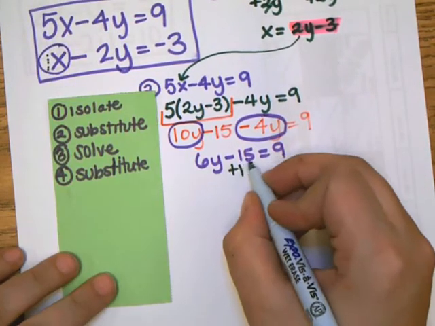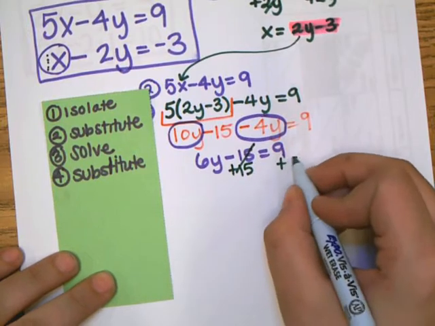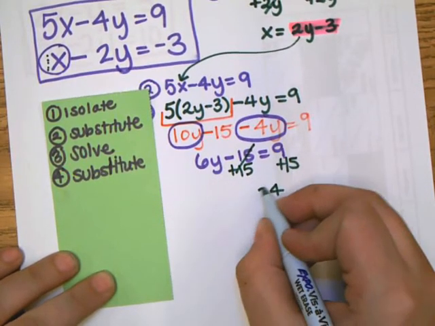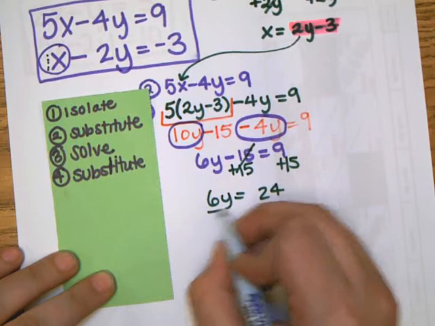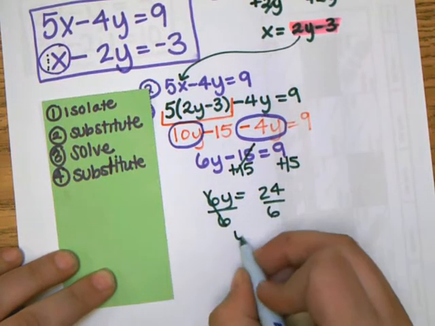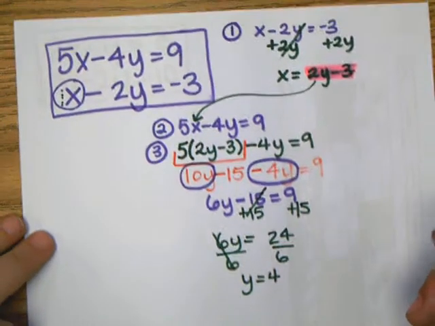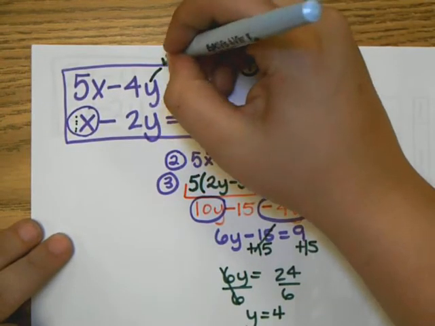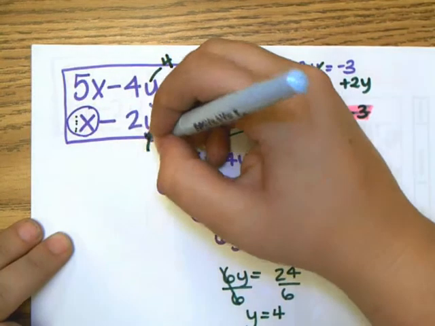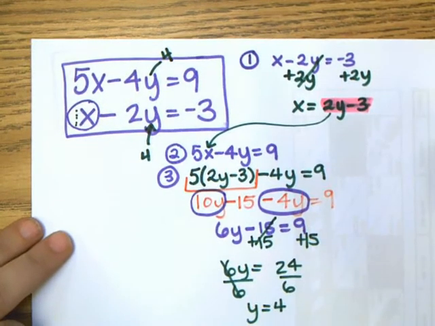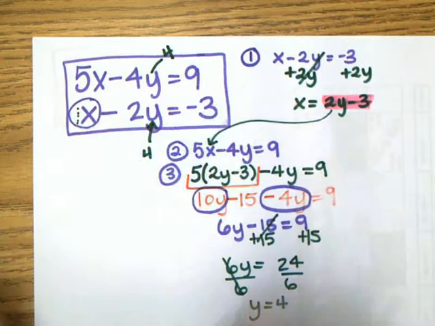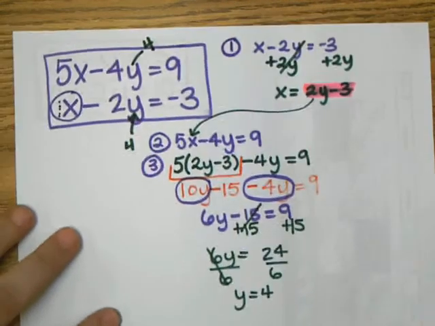And then keep going. And we will get y equals 4. So that means this y is 4, and this y is 4. And we need to figure out, what does x have to be?